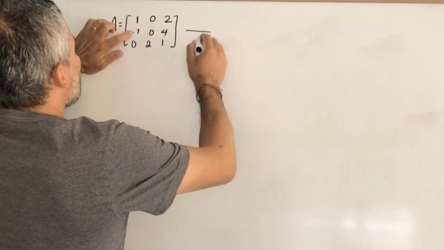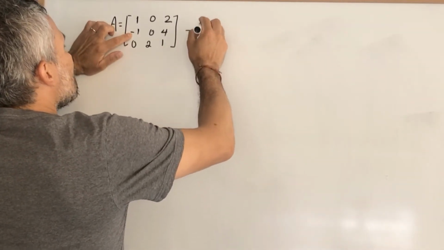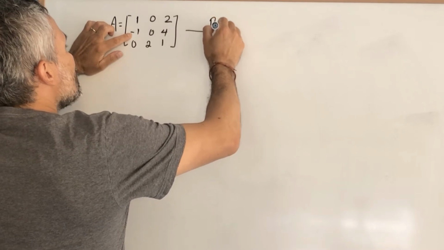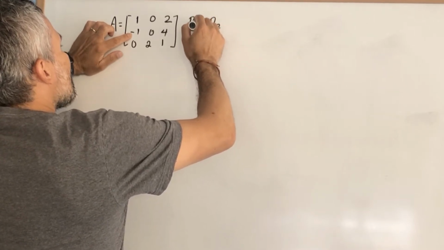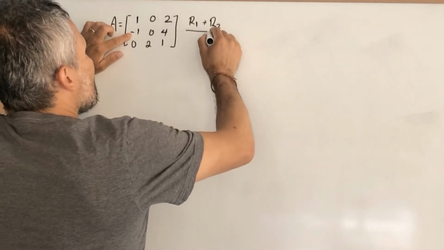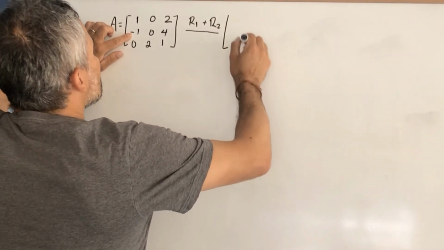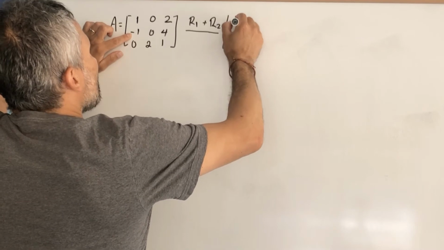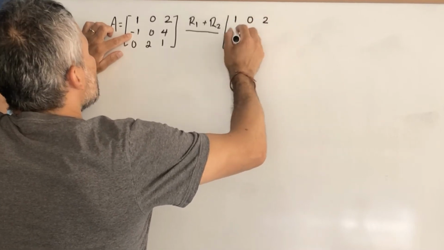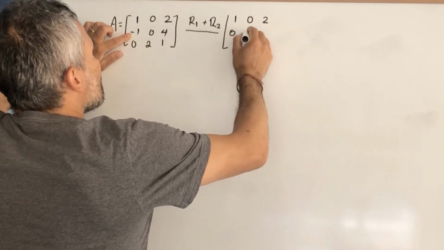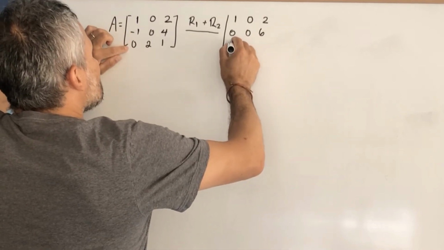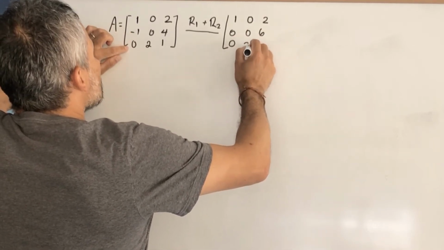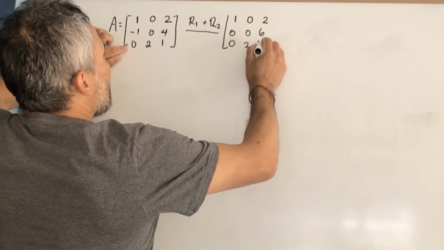I can put a 0 here by changing row 2 by adding row 1, and then I get the matrix 1, 0, 2, 0, 0, 6, and 0, 2, 1.